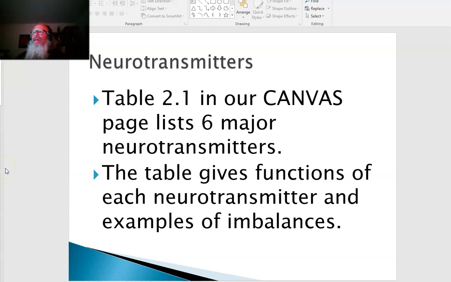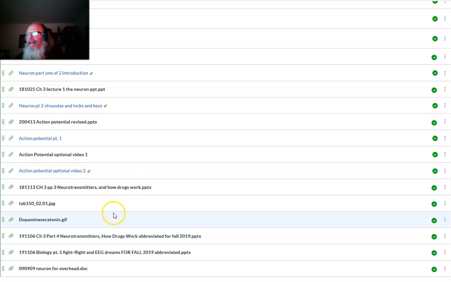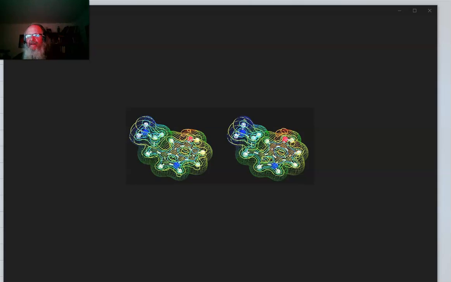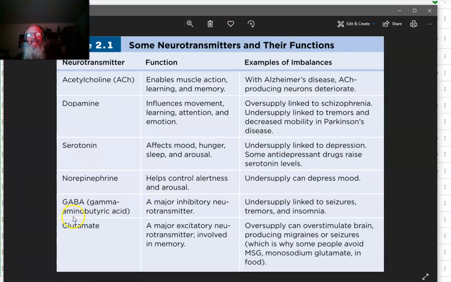I have in our Canvas page this file, the table, and that's what we're looking at here: a list of particular neurotransmitter chemicals in three columns. We've got the name of the neurotransmitter chemical, and this list has 6.